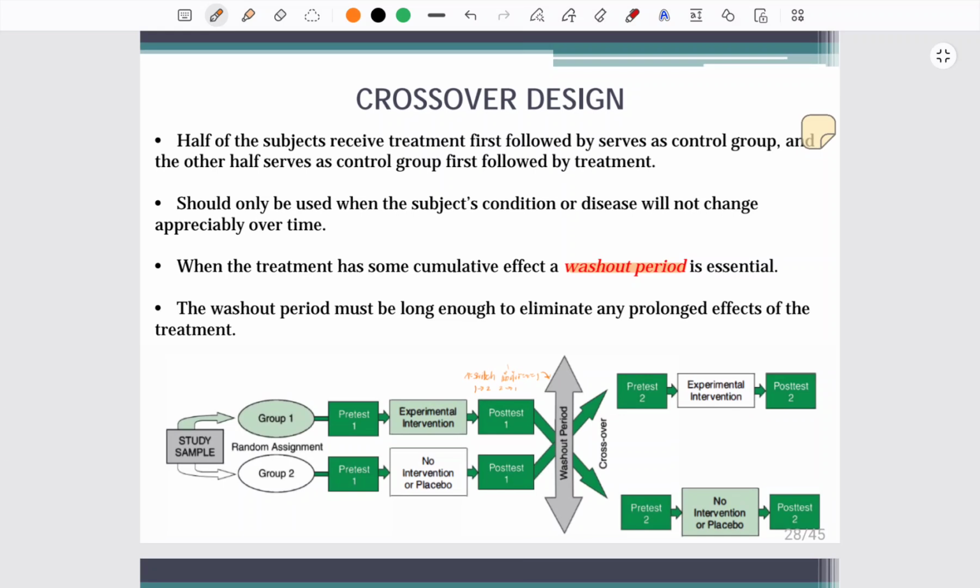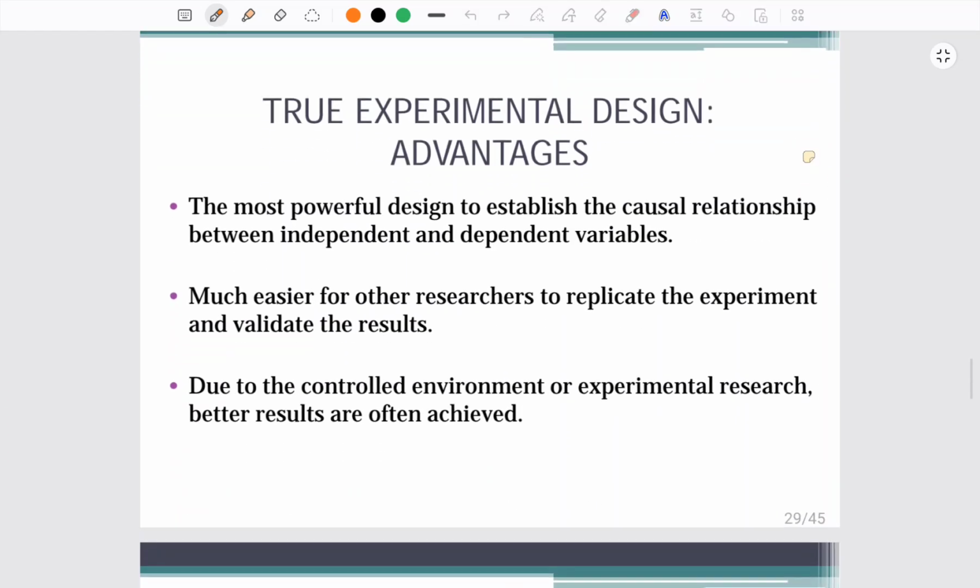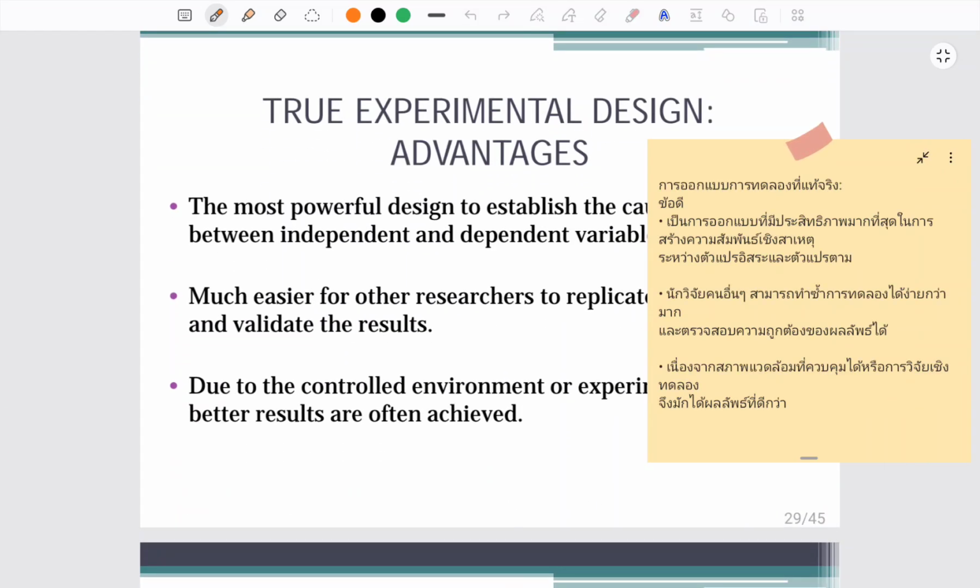So those are the 5 experimental designs. Let's consider the advantages of the experimental design. It is the most powerful design to help you establish the causal relationship, the cause and effect relationship, and it is much easier for other researchers to replicate and validate the result. Sometimes when you read or review the literature, you will see that some studies use the same method as a previous one.